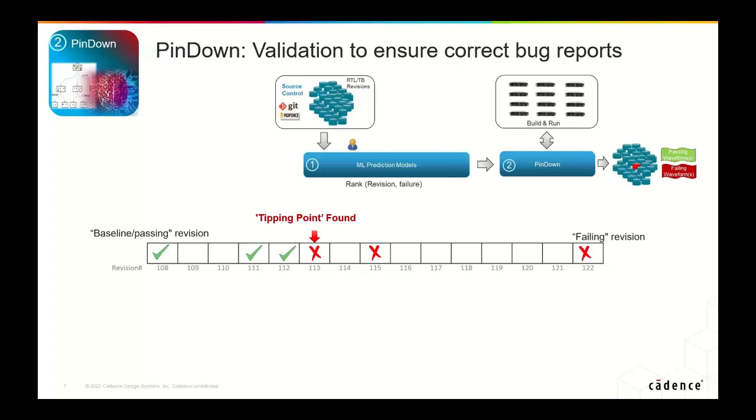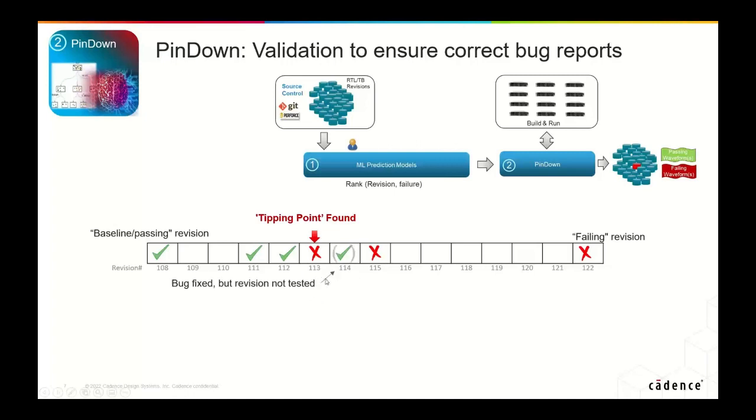In a little more complicated scenario, here we have results from the latest revision, which was failing, and the oldest, which was passing, and then we have some results on various revisions in between. When you look at this data, it certainly looks like 113 introduced a failure because 112 was passing. But because we don't run every single revision, we don't know if it's been fixed.